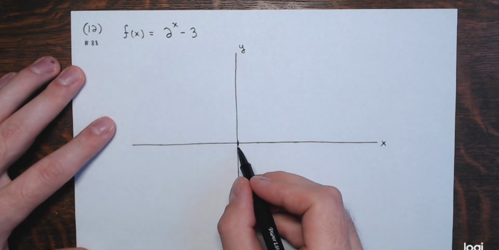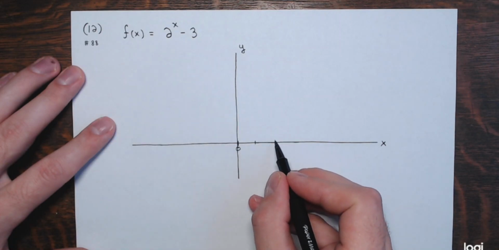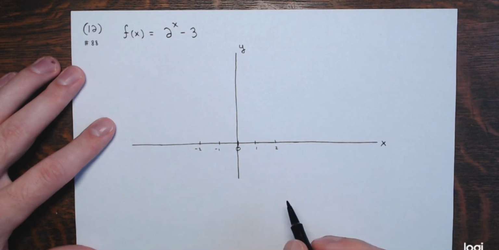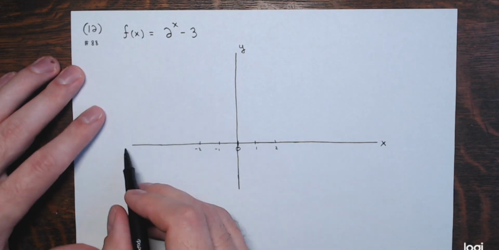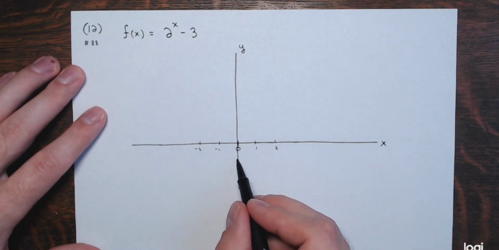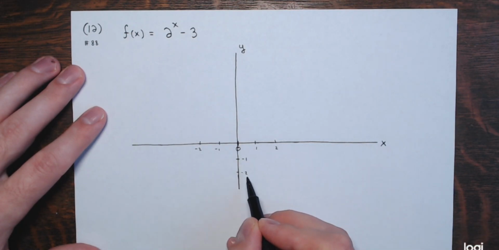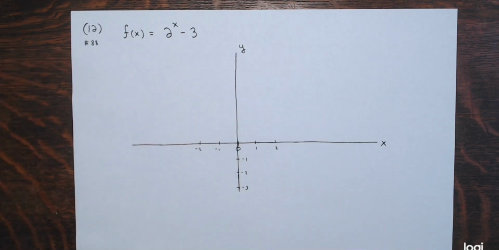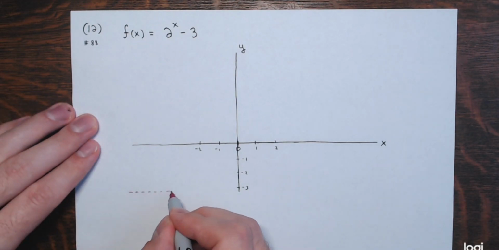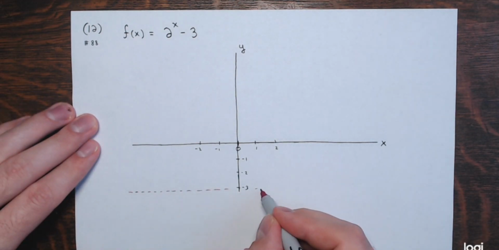I'm just going to start with 0 and then go 1 and 2 and -1, -2, just like the usual. The only difference is, though, instead of the horizontal asymptote being the x-axis, the horizontal asymptote is going to be down 3. All right, I'll make that a dotted line. This line here. Y equals -3.